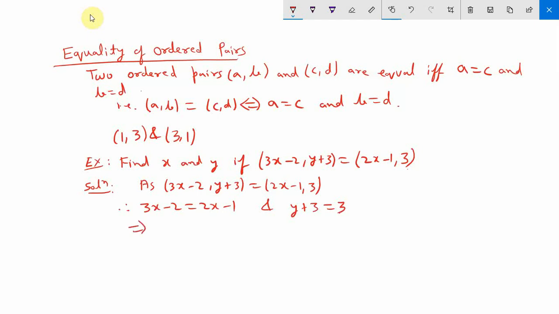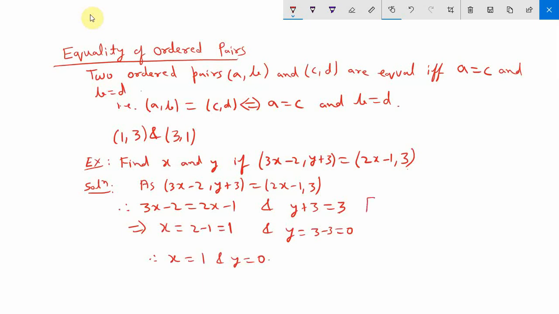Solving these two equations, we will get 3x - 2x, so it will be x. x is equal to 2 - 1, so it will be 1. So x equal to 1 and y will be equal to 3 - 3 equal to 0. Therefore, x equal to 1 and y equal to 0.